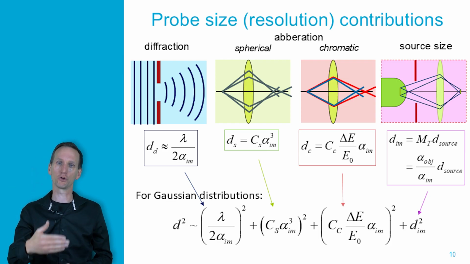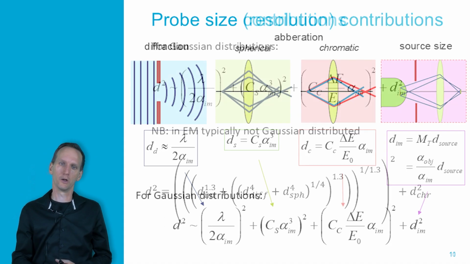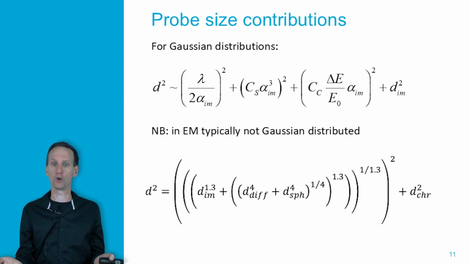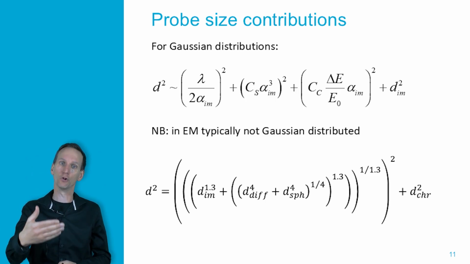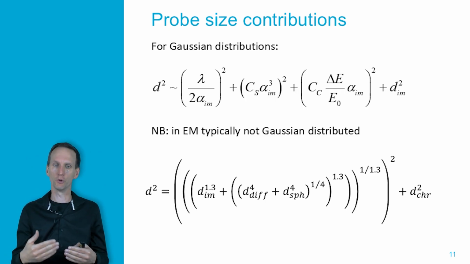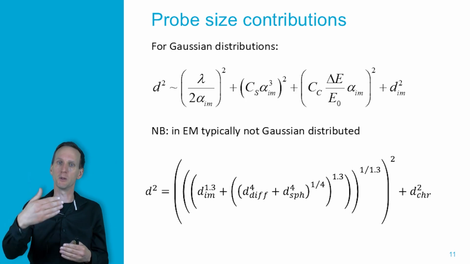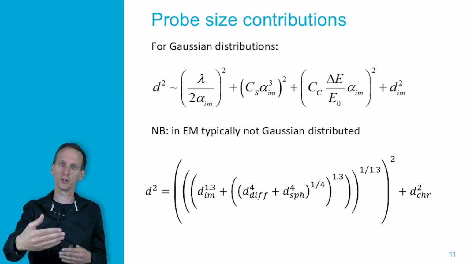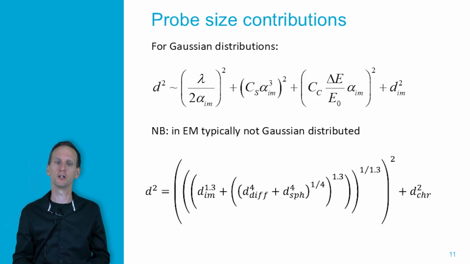However, in electron microscopy, this is not that simple. These distributions are typically not Gaussian. A full equation has been derived, which you see depicted here, which is quite complicated, and you don't have to know this by heart. The only thing you have to know is that these different contributions add up, but not in a simple linear fashion, also not in simple quadrature fashion, but in a slightly different fashion.